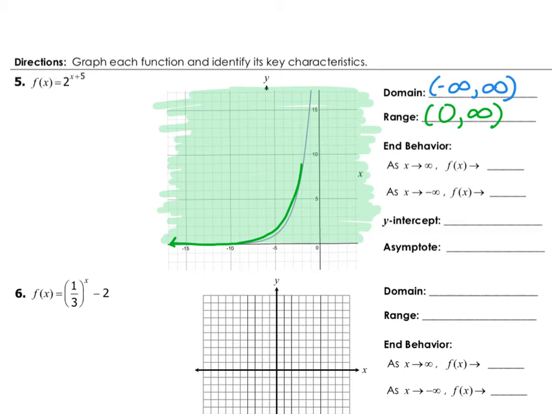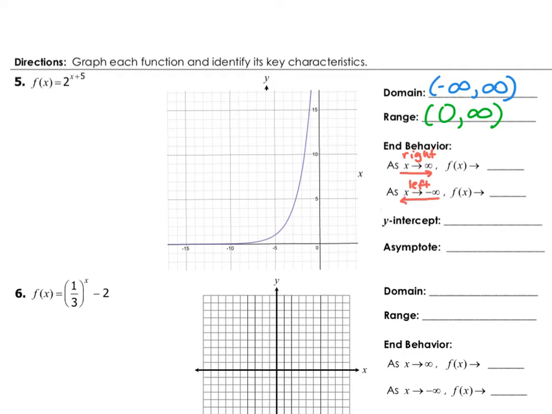Let's take a look at end behavior. So end behavior occurs as we move to the right of the graph and as we move to the left of the graph. So end behavior is split up into 2 different parts. As x approaches positive infinity, so that's as we move to the right, and as x approaches negative infinity, and that's as we move to the left.